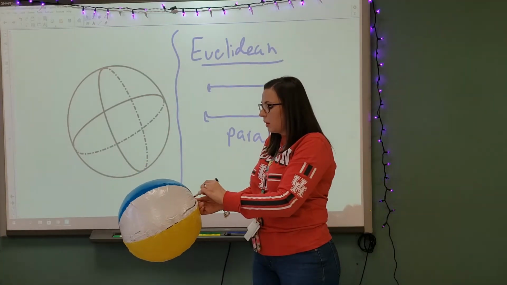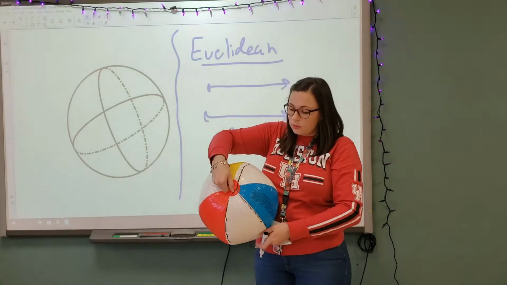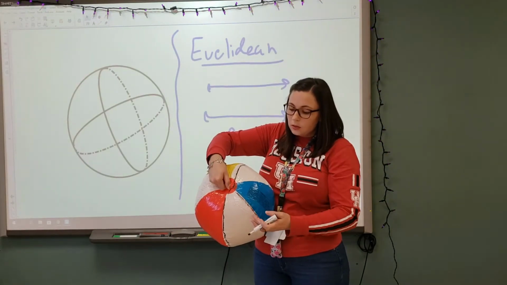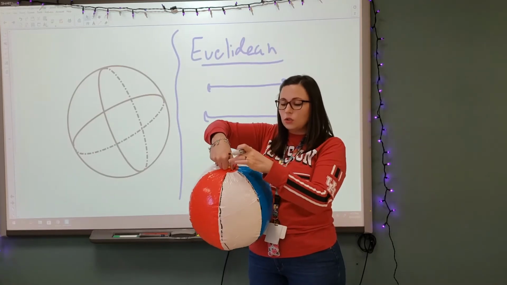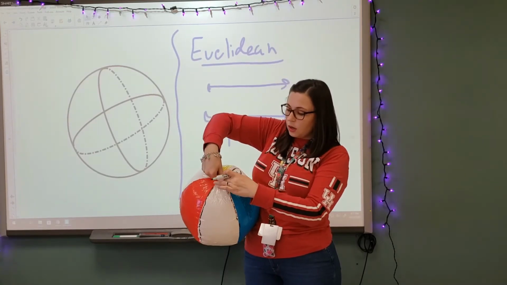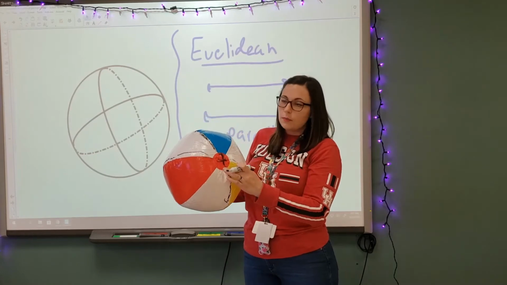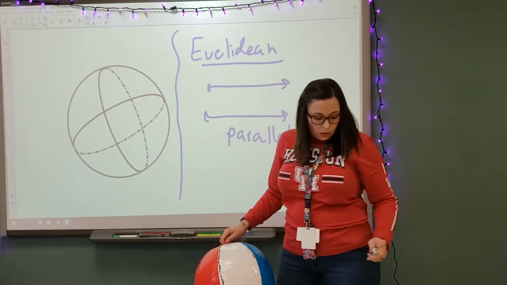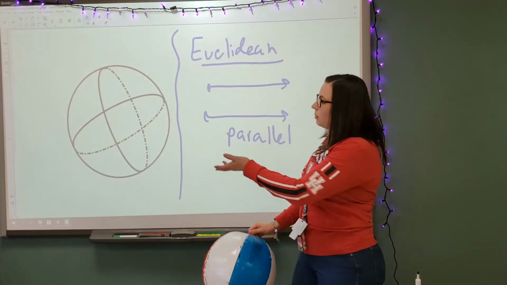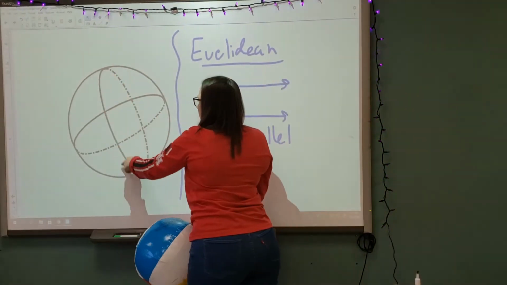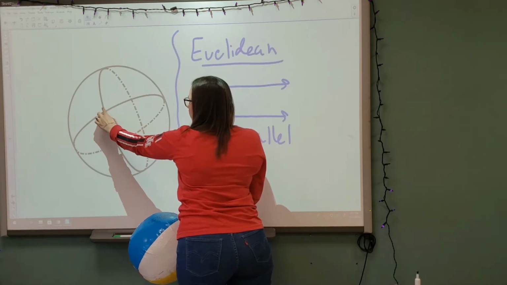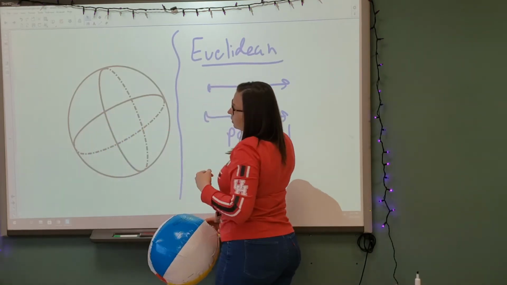Because the lines in spherical geometry are big circles, that means that there are no such things as parallel lines. In fact, if you look here, any two lines in spherical geometry are going to cross in 2 points. Here they're crossing at the top and the bottom of our sphere. In our picture, it's a little bit harder to see on the 2D picture, but you can tell this line going like this, they cross here in the front, and then they also cross on the back of the sphere.